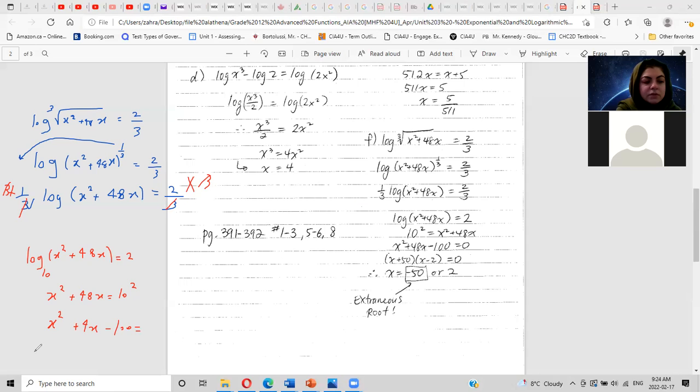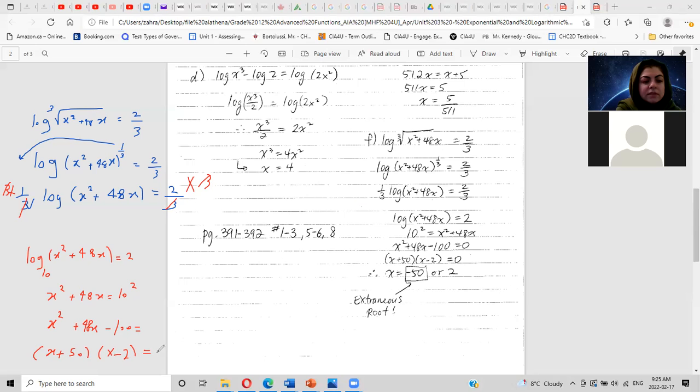I need to find two numbers that if you add is 48 and if you multiply is negative 100. So it's going to be 50. This is 48. So it's going to be (x plus 50)(x minus 2). If I add 50 and negative 2, I get 48. If I multiply these two, I get negative 100.